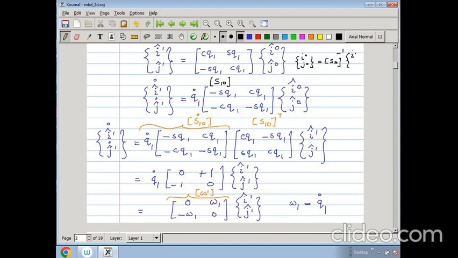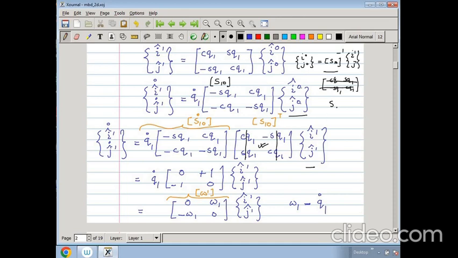And since this S10 is an orthogonal matrix, the inverse is the transpose. So what is the transpose of cos q1, sin q1, minus sin q1, cos q1? The first row becomes the first column, and the second row becomes the second column.